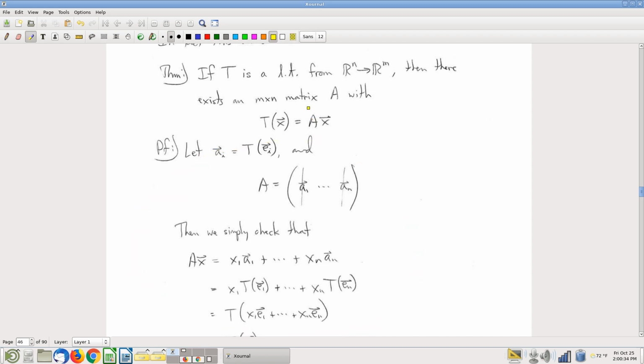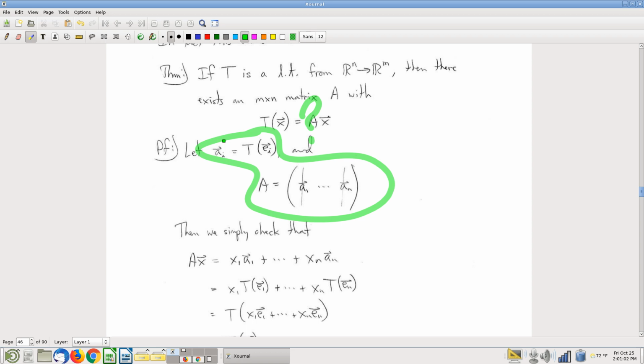If you want to find this matrix, what is the magic matrix that represents our linear transformation? There it is. And that's really important. This is something we're going to be doing a lot of, so make sure to remember this formula. The way you create a matrix is by looking at the images of the standard basis vectors and making those your columns. Always works.